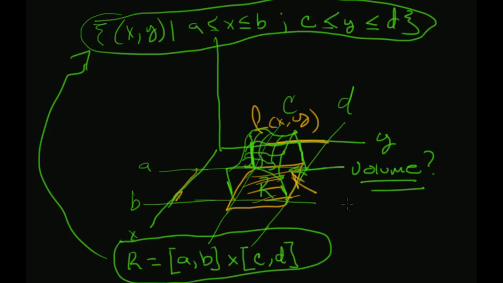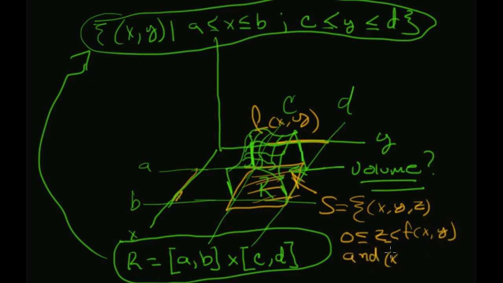So we can call this piece something like S, where S is the set of all points x, y, z, where 0 is less than or equal to z, is less than or equal to f of x, y, and x, y are in R3, right? But x, y should not be in R3, it should be within our rectangle. x, y are in our rectangle. So S is like this chunk.